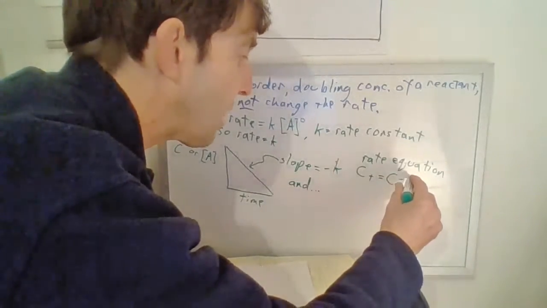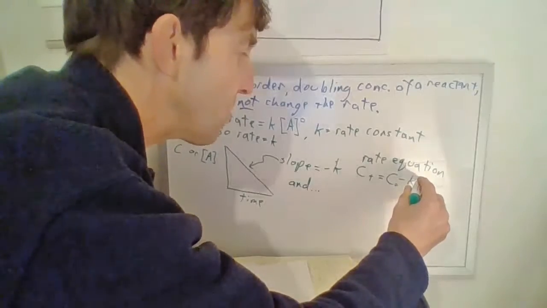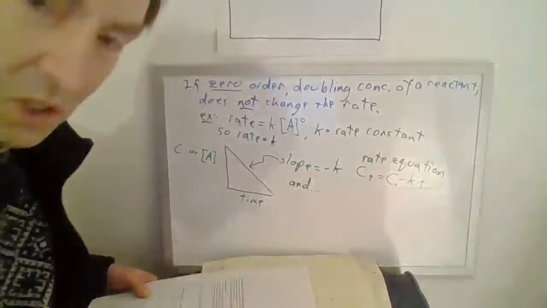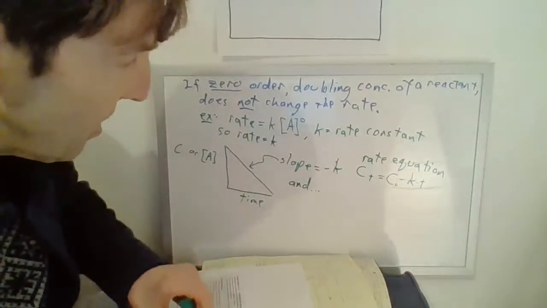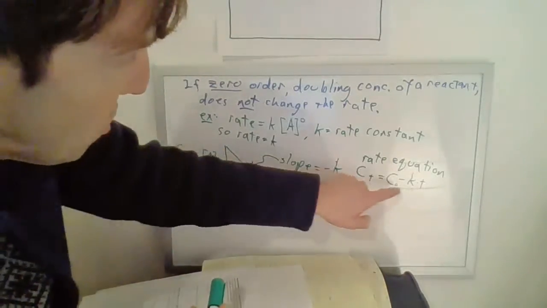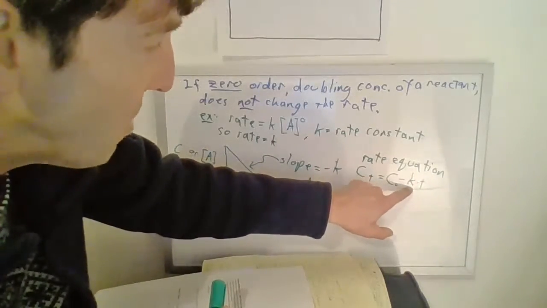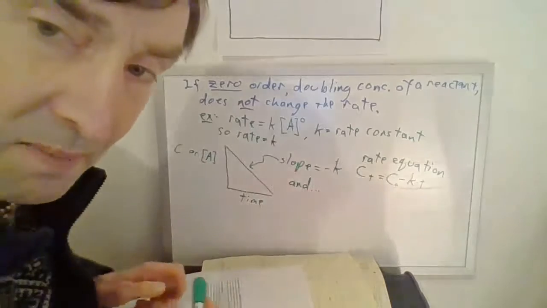So minus k times the amount of time it goes by, which kind of makes sense if you think about it. So to get the amount here, I got to just take away the amount of stuff that reacts, and I get that by taking the rate times the amount of time that goes by.